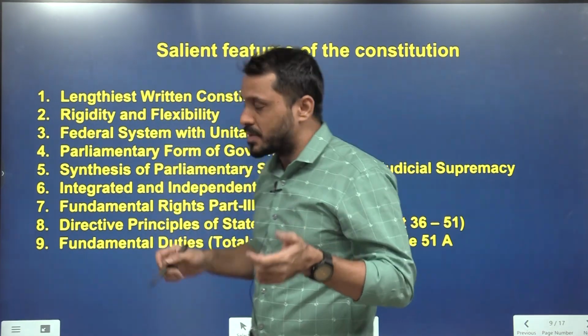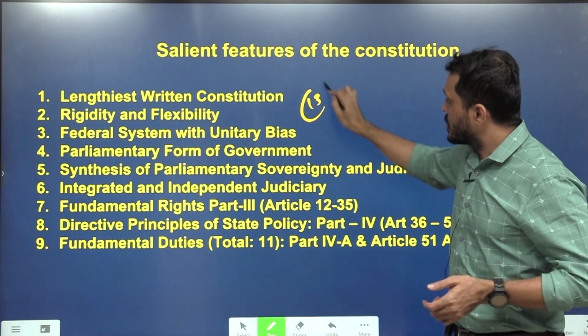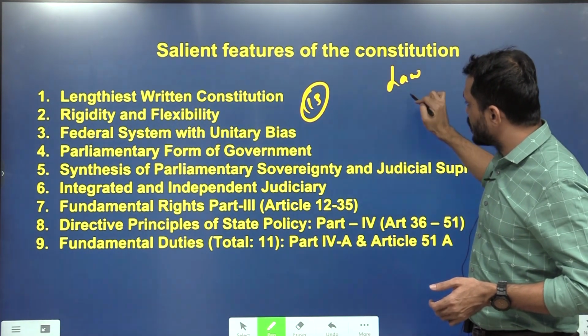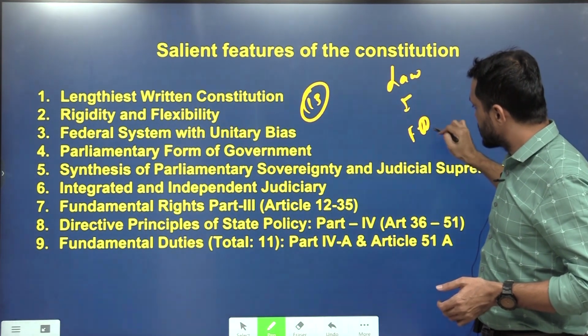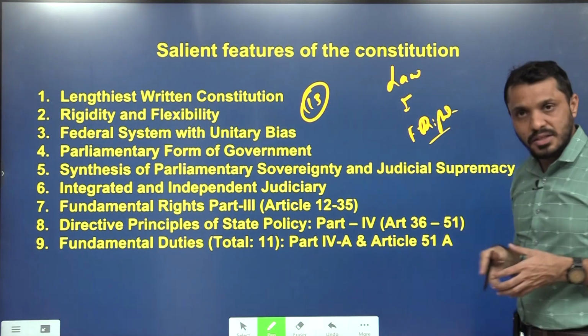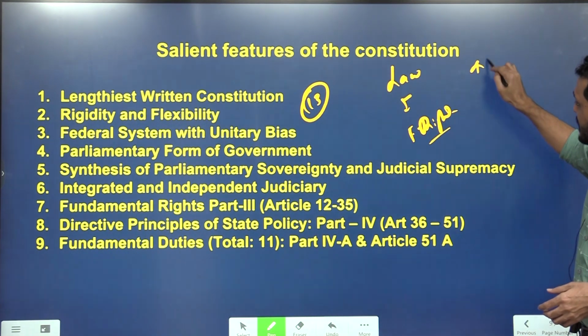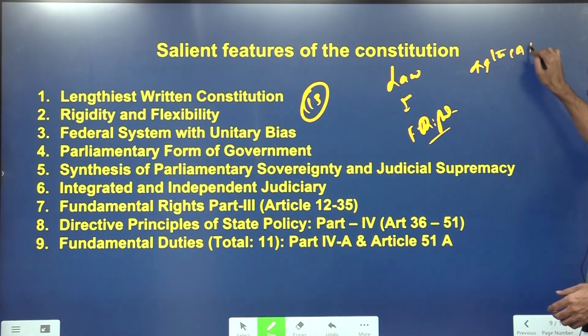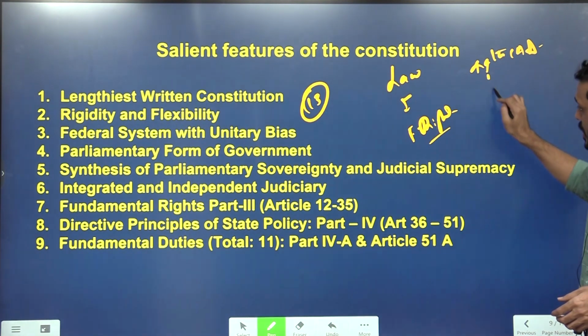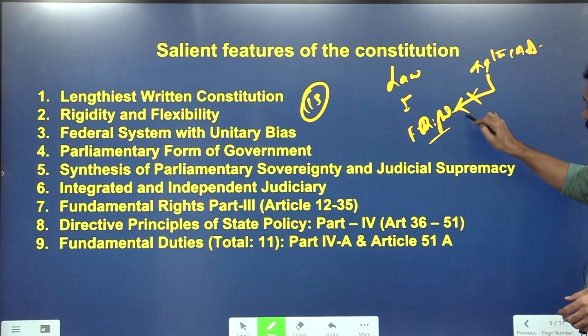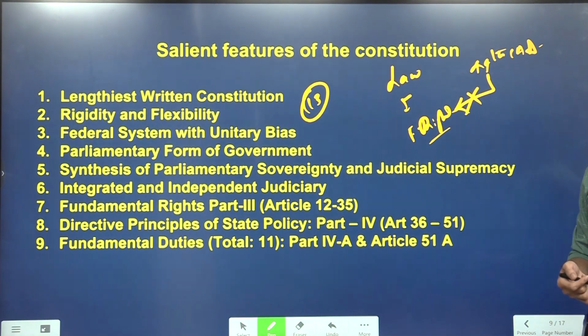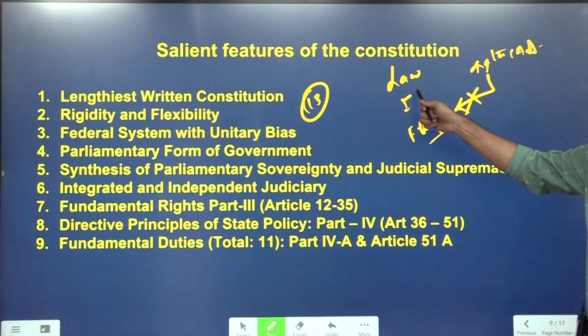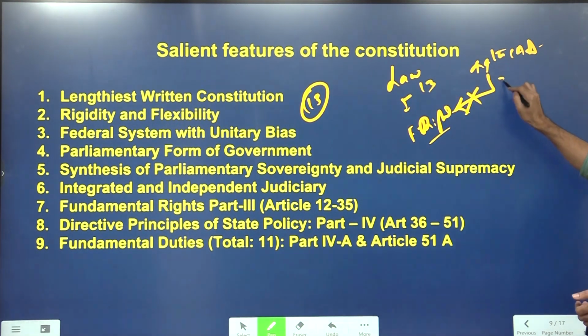Are you understanding my question? Article 13 says no law should violate the fundamental rights. But through the 44th Constitution Amendment Act, you not only violated a fundamental right, you removed one. Then a contradiction arose between Article 13 and Article 368.